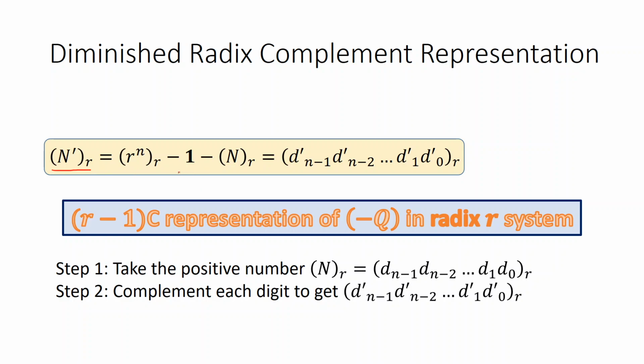So the minus 1 is included here. Previously, in order to find out the complement, we were doing minus 1 plus 1. So that plus 1 is not needed anymore. So what is left is only complementing the bits. That is diminished radix. Easier.